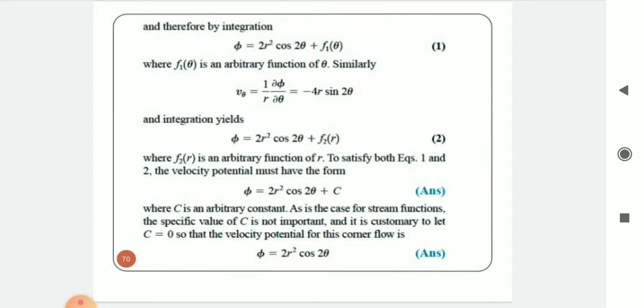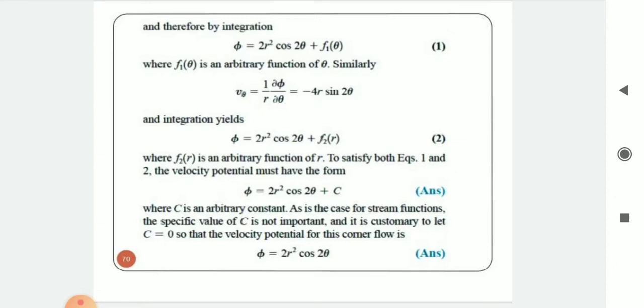Similarly, Vθ = (1/r) ∂phi/∂θ = −4r sin 2θ, and integration yields phi = 2r² cos 2θ + f2(r). Let's call it equation 2, where f2(r) is an arbitrary function of r. To satisfy both equations 1 and 2, the velocity potential must have the form phi = 2r² cos 2θ + c, where c is an arbitrary constant.